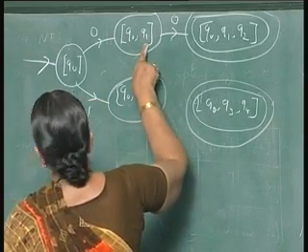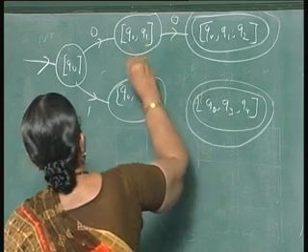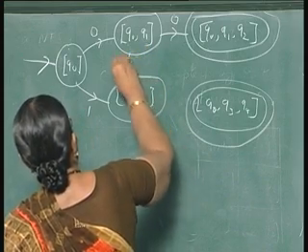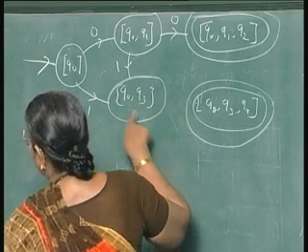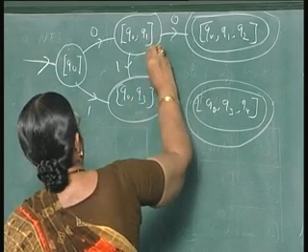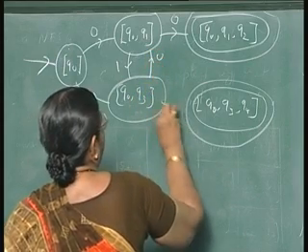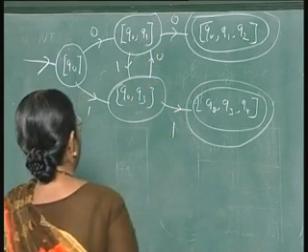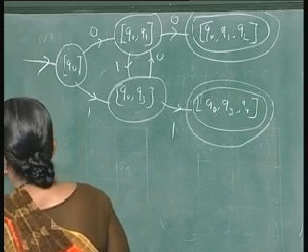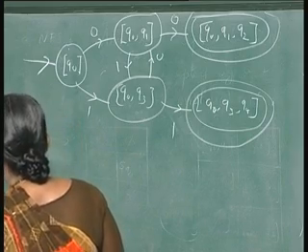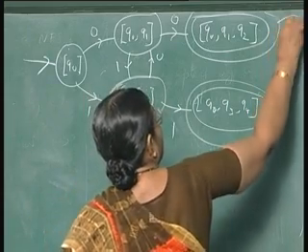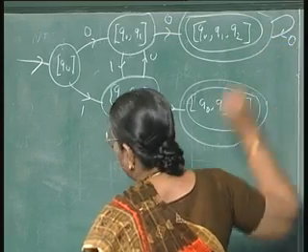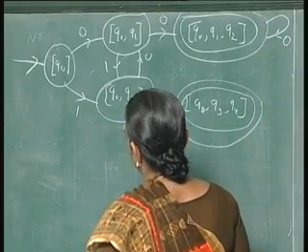From here, Q0 Q1, if you get a 1, you go here. From here if you get a 0, you go here. If you get a 1, you go here. From Q0 Q1 Q2, if you get a 0, you remain in the same state.